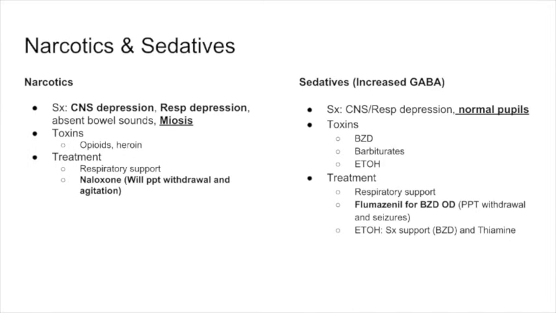Toxins for sedatives include benzodiazepines, barbiturates, and alcohol. Treatment is respiratory support, flumazenil if the patient is overdosed on benzodiazepine, but remember that it can also precipitate withdrawal and seizures. For alcohol overdose, pretty much symptomatic support like benzodiazepine and thiamine.